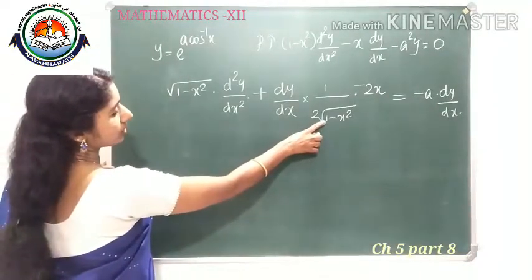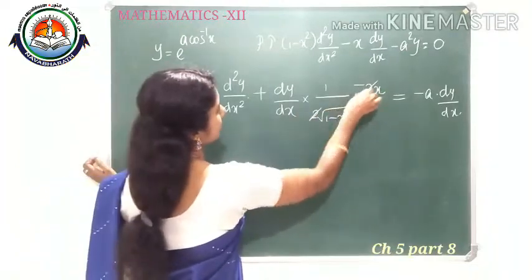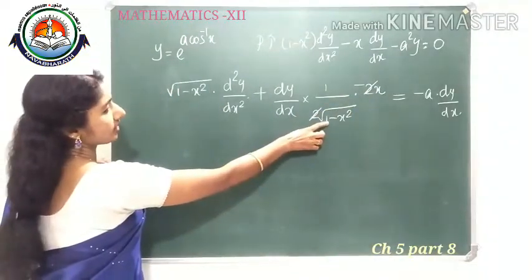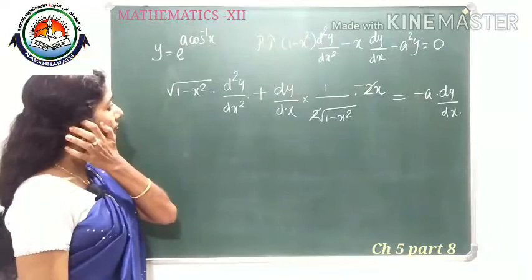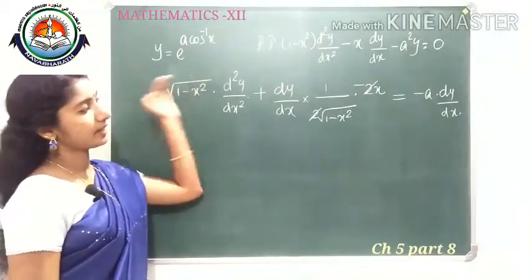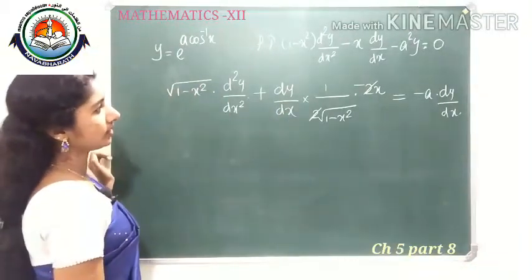See here, the 2 we can cancel. Root of 1 minus x square is in the denominator of the second term. So we are multiplying with root of 1 minus x square.